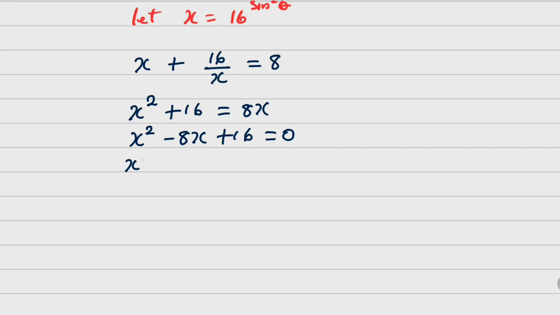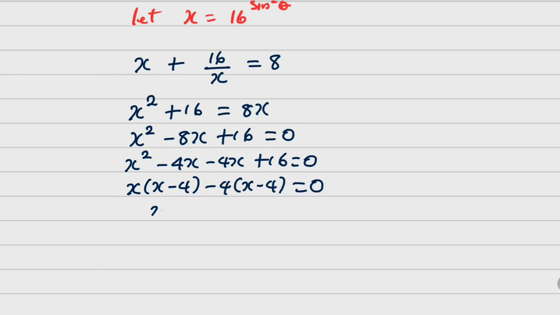So when I solve it quadratically, I'm going to have x squared minus 4x minus 4x plus 16 is equal to 0. So x into x minus 4, then minus 4 into x minus 4 is equal to 0. So it's x minus 4 and x minus 4 is equal to 0. So actually x is equal to 4 twice, but it's the same thing, so 4.